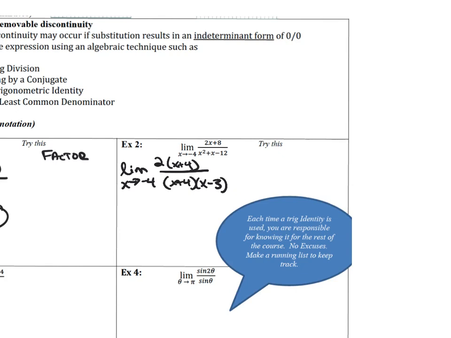Again, we'll cross out that common binomial factor, and we're left with the limit as x approaches -4 of 2 over x minus 3. Clearly, we no longer have an indeterminate form because we have a 2 in the numerator. So we can go ahead and substitute, and our limit is approaching -2/7.